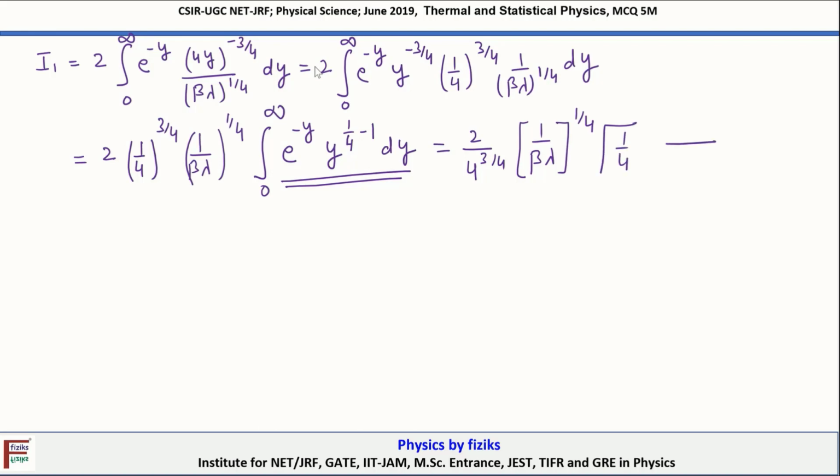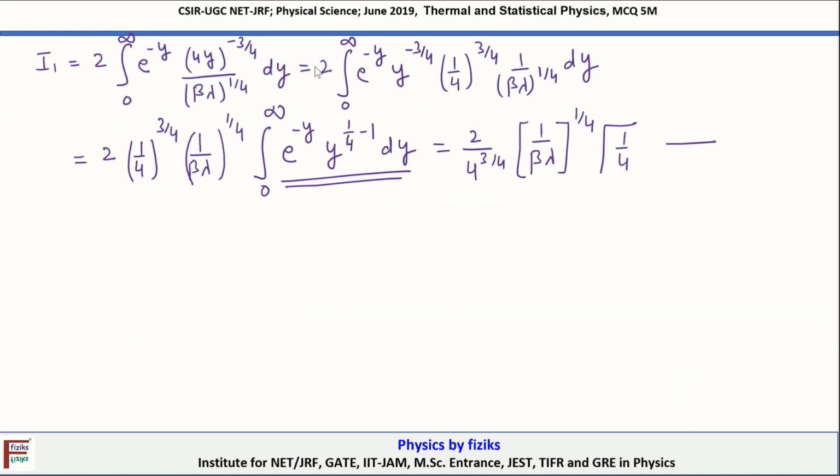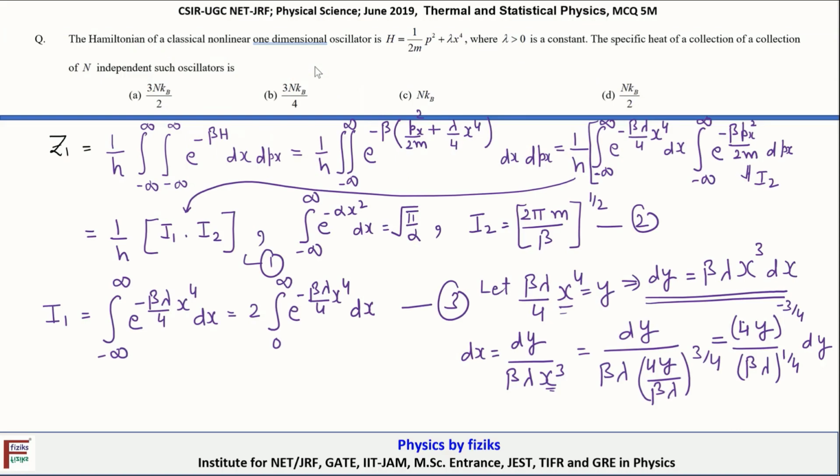Let me check what equation number we have already given. We have already given equation number 3, so let's call this equation number 4. Now we have determined I1 and I2, so we can substitute the values of I1 and I2 in equation 1.